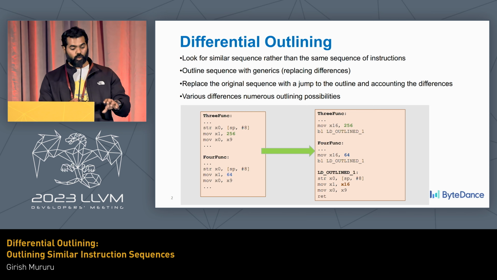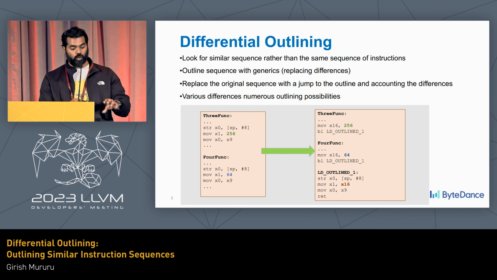It can give rise to different kinds of differences between the sequences. And then you cannot use normal hashing for similar sequences, because if you hash, then even a slight difference can give you a different hash. And while outlining in differential outlining, you have to take care of the differences between the sequences.